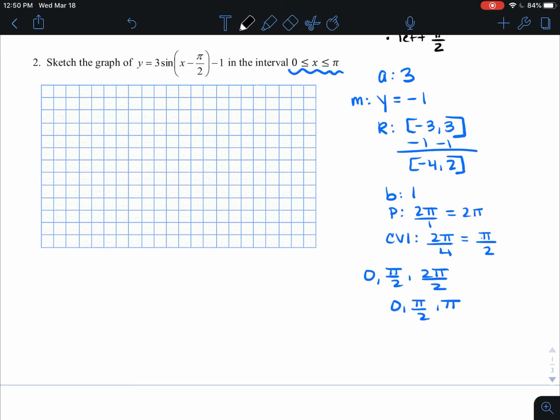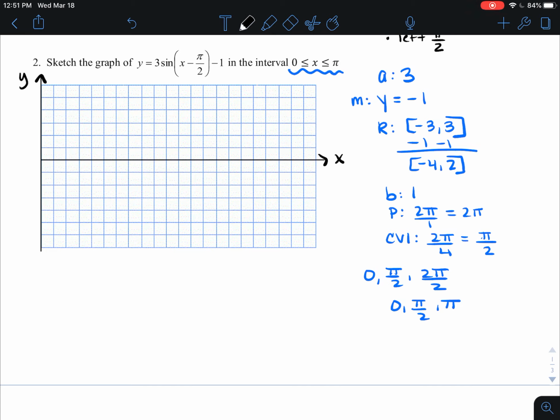I'm going to put my y-axis all the way to the left because I don't have to do anything to the left of it. Okay, my range is going from negative 4 to 2, so I need both positive and negative values for y. I'm going to put my x-axis a little higher up because I need more negatives than positive, but again, if you put it in the middle, that would be fine too.